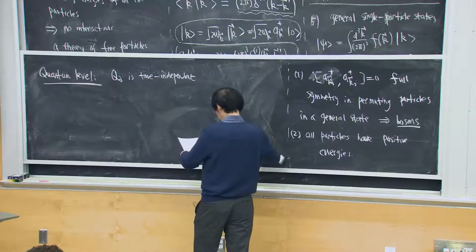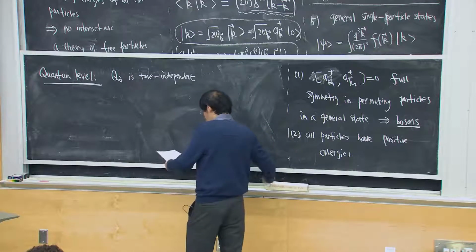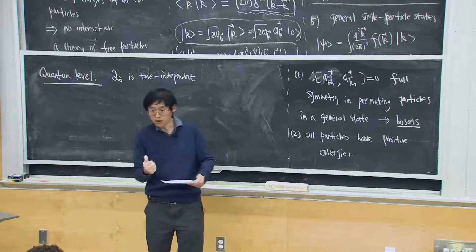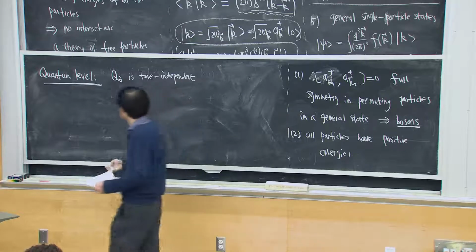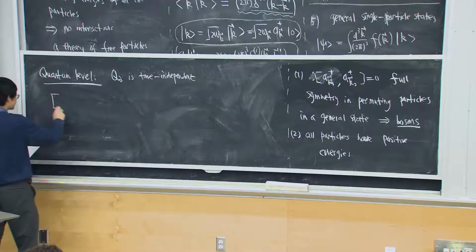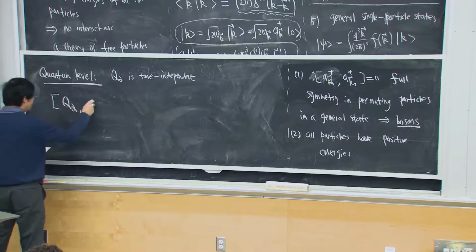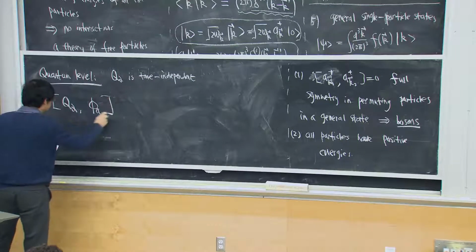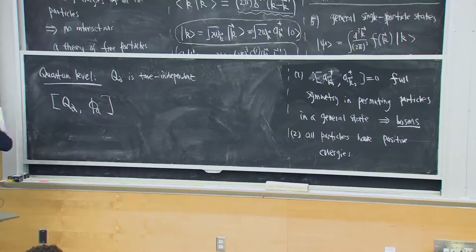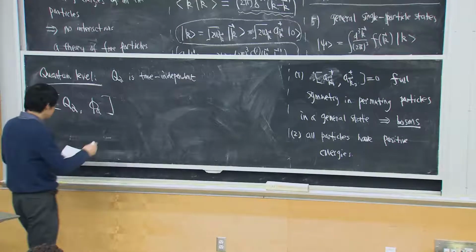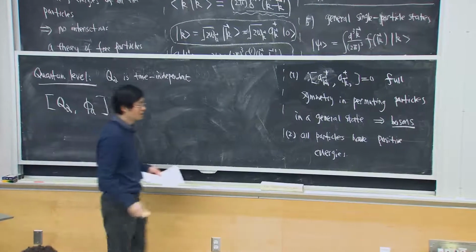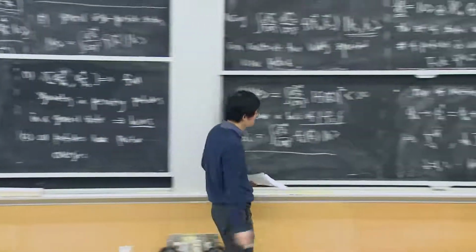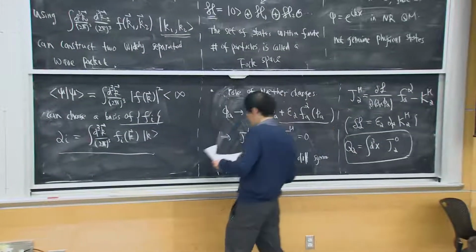And also another important property of Q is that when you act with Q_alpha on your field, if you look at the commutator between this Q_alpha and your field, it actually generates such a transformation.